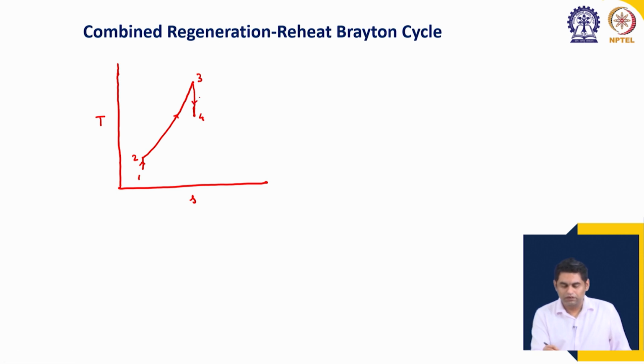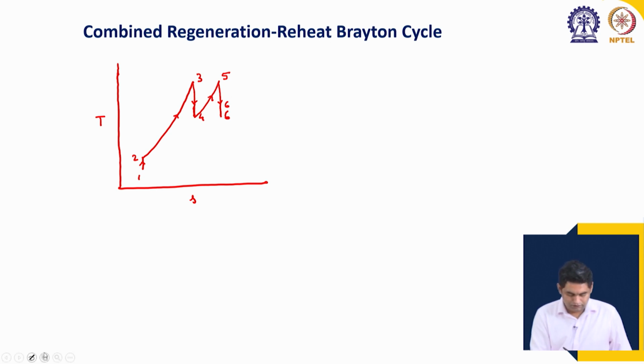Then again heating, which we have seen is called reheating, at the reheat pressure to go to 5. Remember that the temperature at 5 is equal to the temperature at 3, because that is the maximum temperature that can be sustained by the turbine blade. Then the expansion in the second turbine, which is the low pressure turbine, going from 5 to 6. This is similar to the reheat cycle.